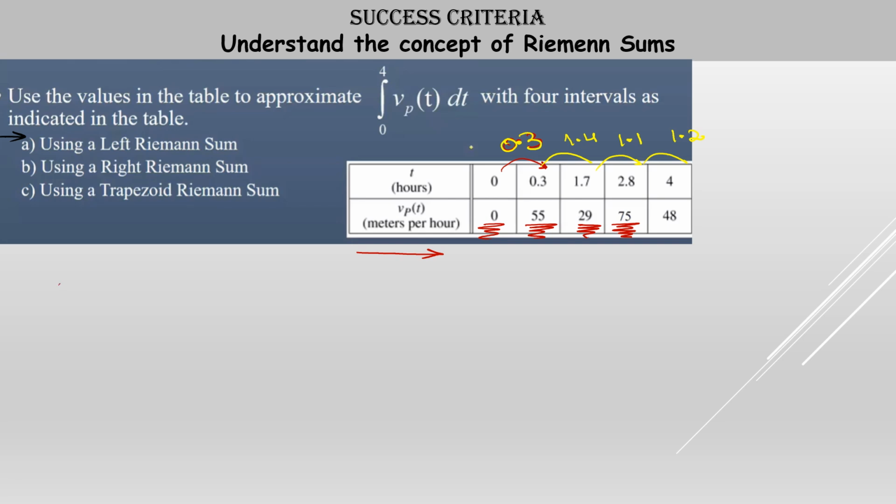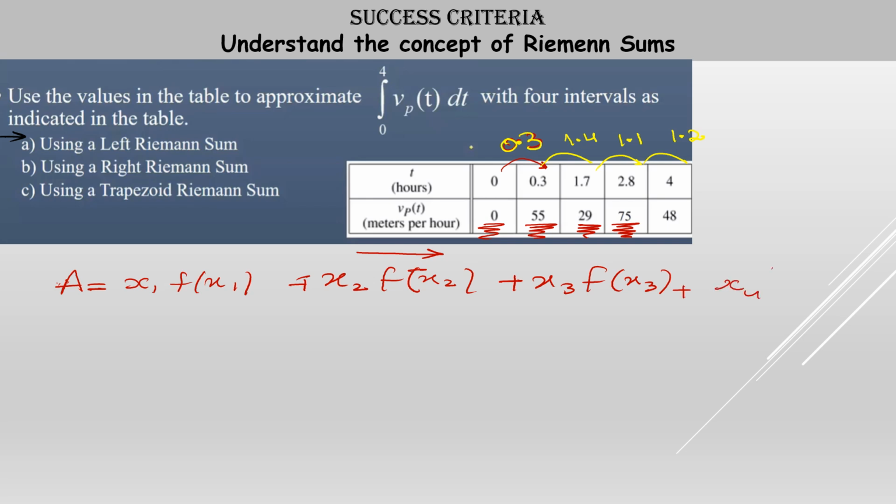Since the width in this scenario is different, let's use the formula: x1 f of x1, plus x2 f of x2, plus x3 f of x3, plus x4 f of x4. Why are we taking the 4 points? The reason is that we have been asked to calculate it for the 4 subintervals.